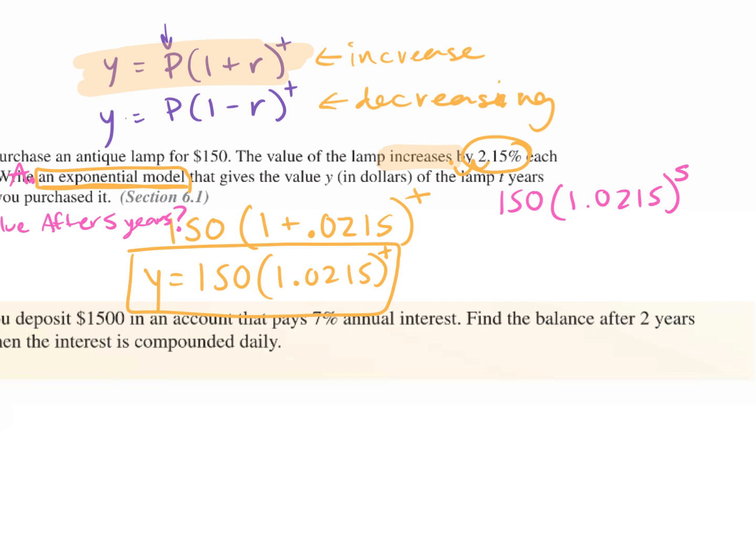And then here we would just put it in our calculator. 1.0215 to the power of 5. And then times 150. And you should get 166.83. Since you're dealing with money, you just round to 2 decimal places. So this would be the answer to question B that I made up. So whenever you're dealing with money, just round to 2 decimal places. It's not going to tell you. You got to know. Money, 2 decimal places.